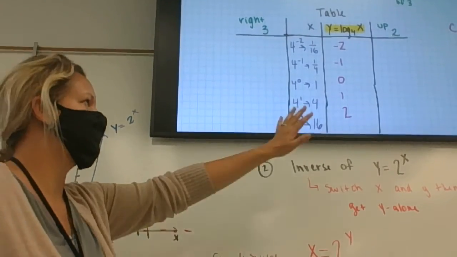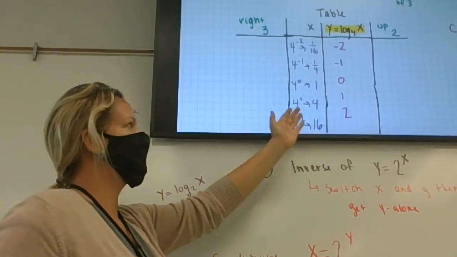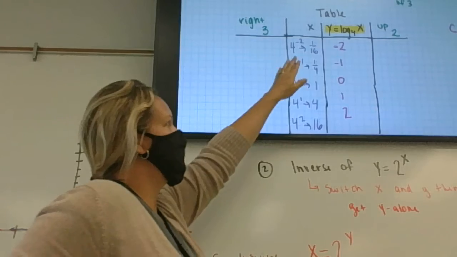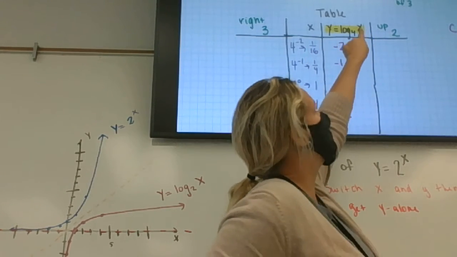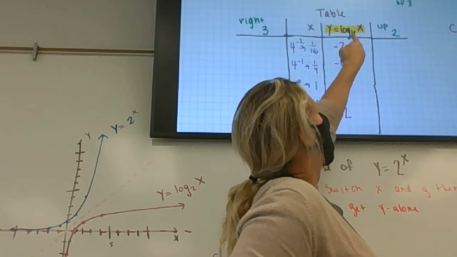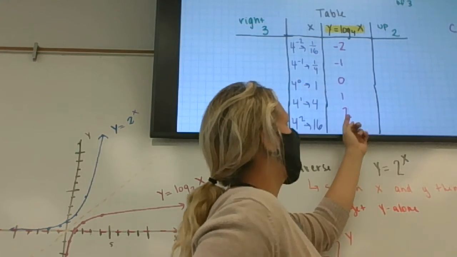This is obviously the trickiest part, working backwards like that. And I mean, the more you do it, you think, oh yeah, well, if there was a 16 here, you're thinking 4 to what power is 16? 4 squared.